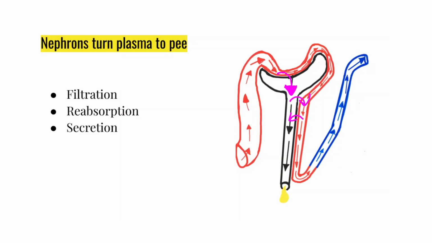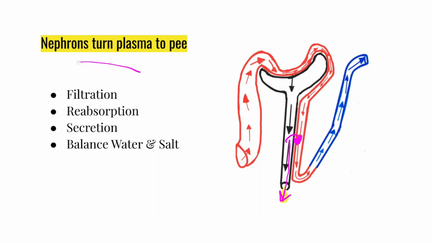And then finally, we need to balance our water and our salt. We've mentioned this several times, okay? And so we have the ability to take salt and water and put it back into the blood, or to leave it in the tubule and pee it out.